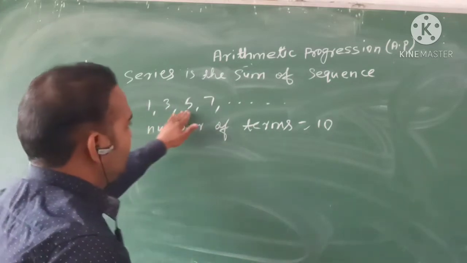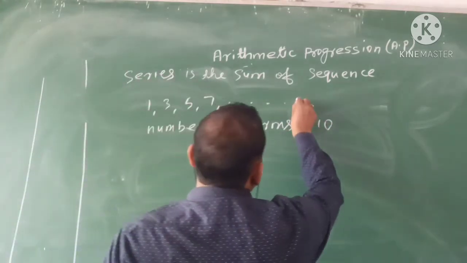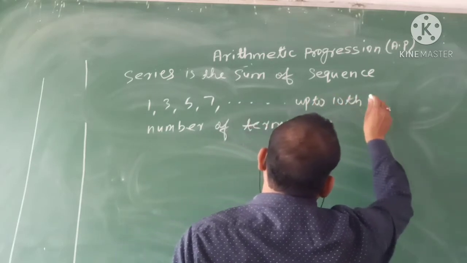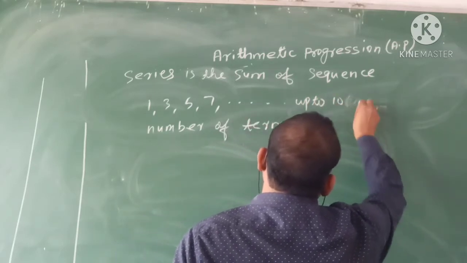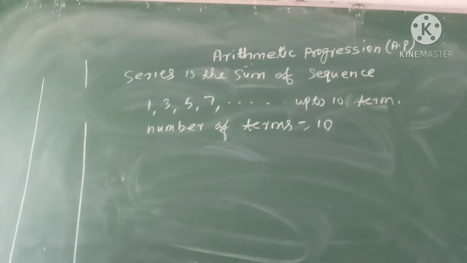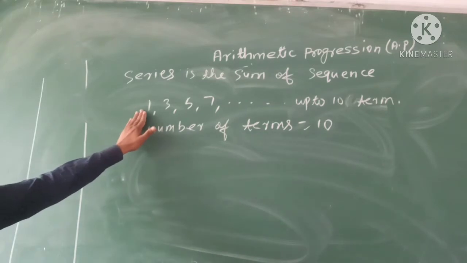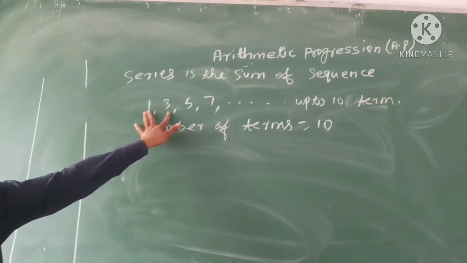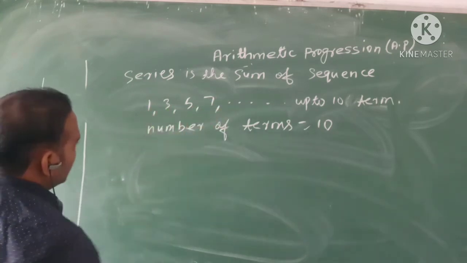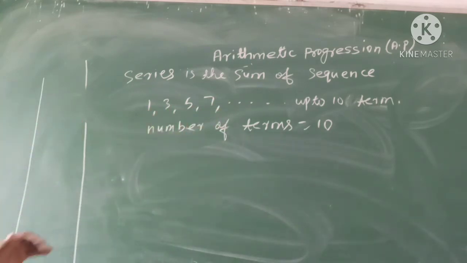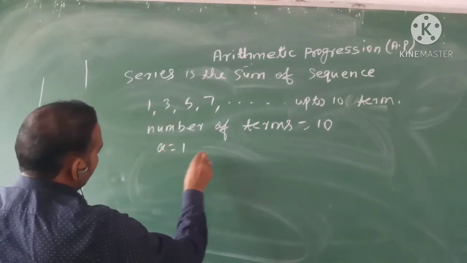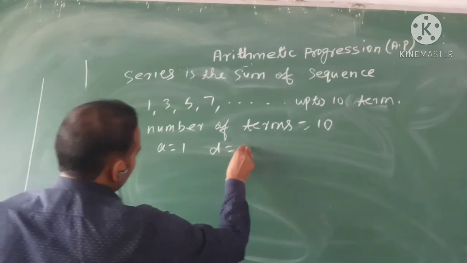That means 1, 3, 5, 7 up to 10 terms. Is it in AP or not? First of all, we check the common difference, and the common difference is 2. That is, the difference between any two consecutive numbers is 2. Here A is 1, D is 2.